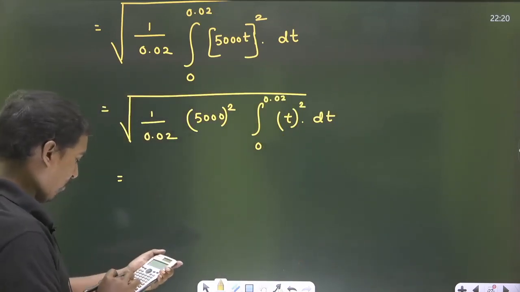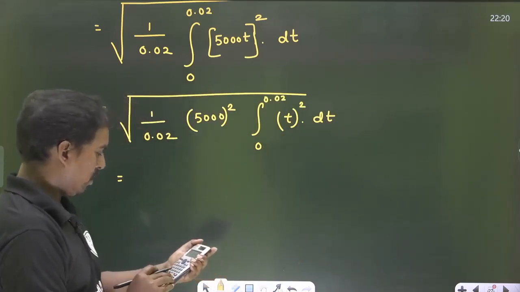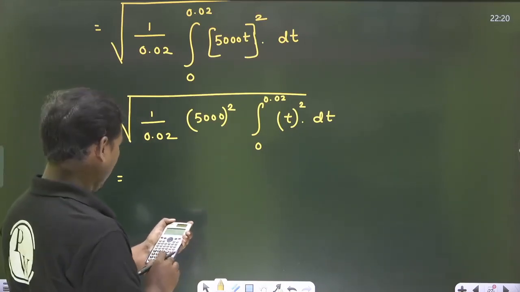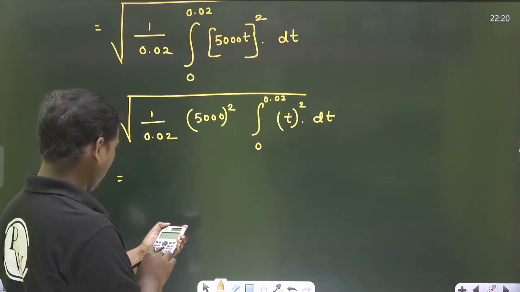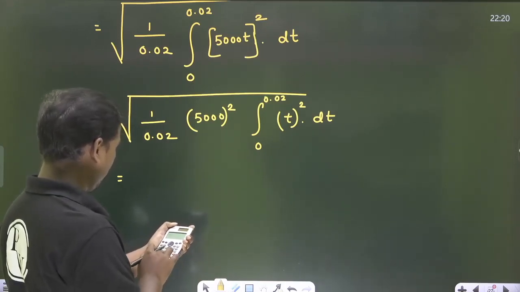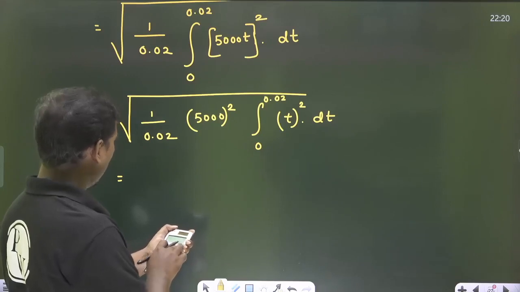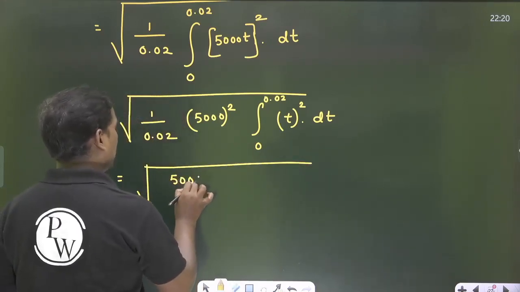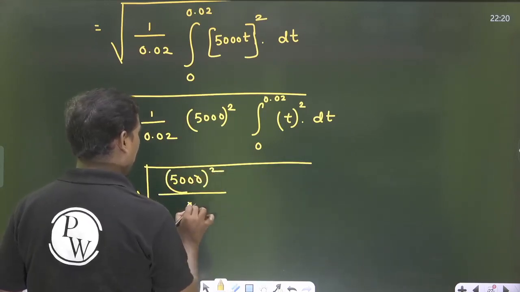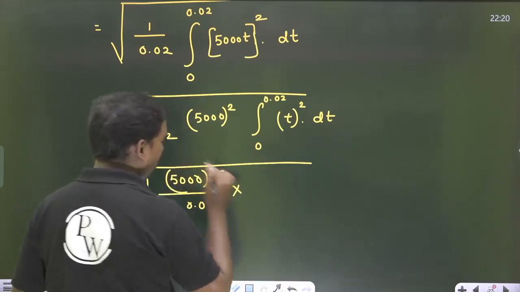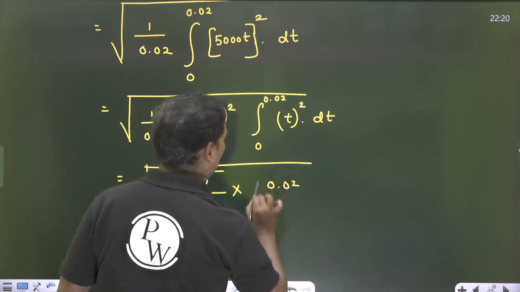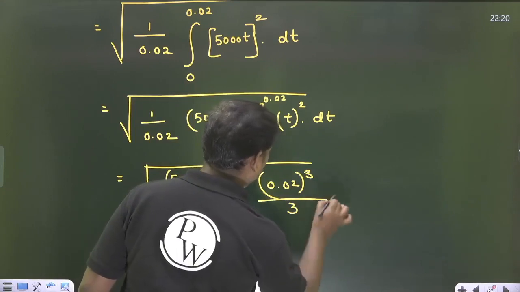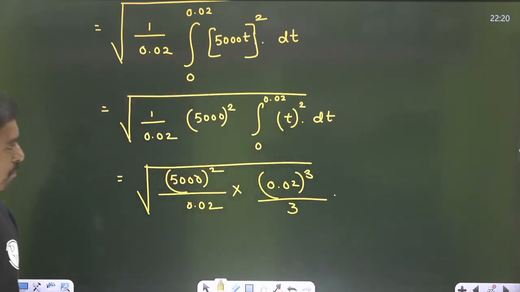Simplify, how much are you going to get? 5000 square divided by 0.02, then t cube by 3, 0.02 whole cube by 3. That's it.